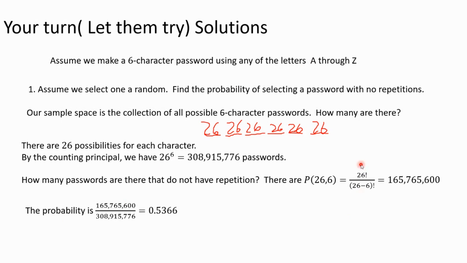But again, we want the probability of choosing a password that has no repetition. Again, order matters. So we're really looking for the probability of choosing a permutation. Well, how many permutations are there? That's what this P of 26, 6 is. Which is this.